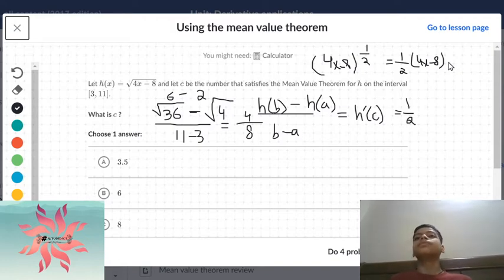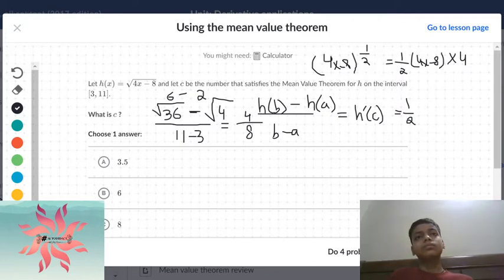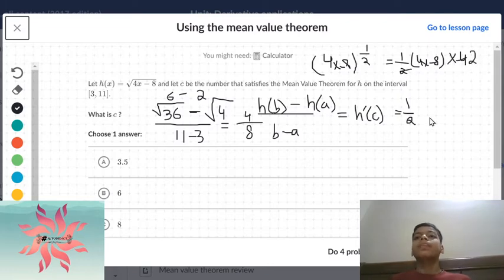It is just 4. These two cancel out. This is equal to 4x minus 8 times 2, so this will be 8x minus 16 is equal to this.